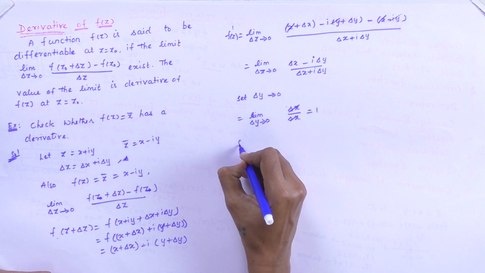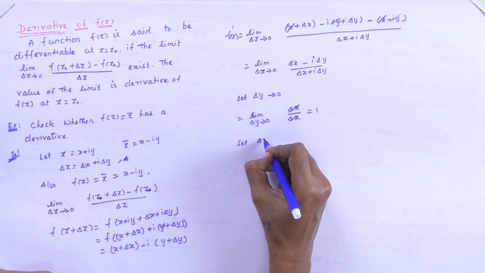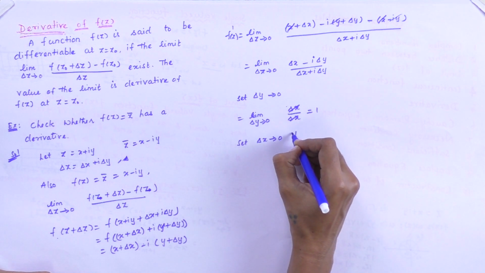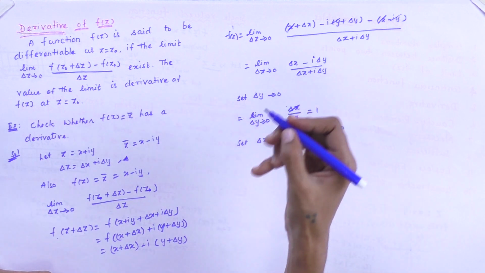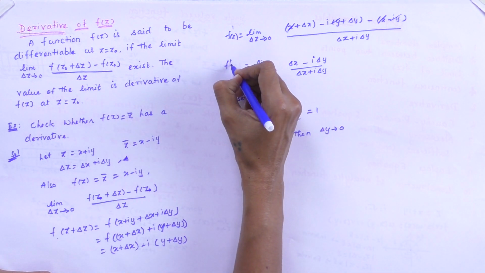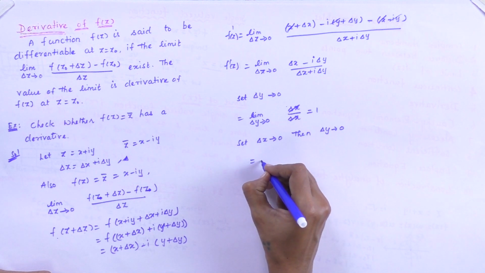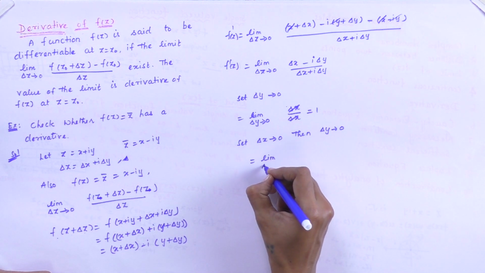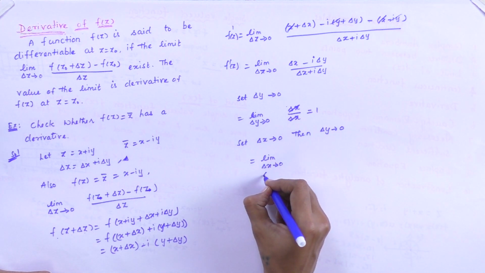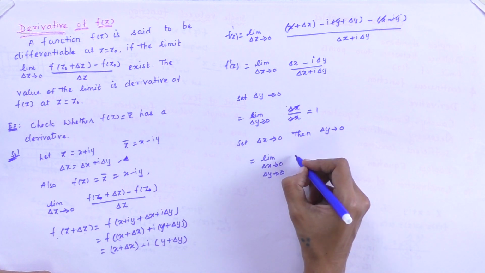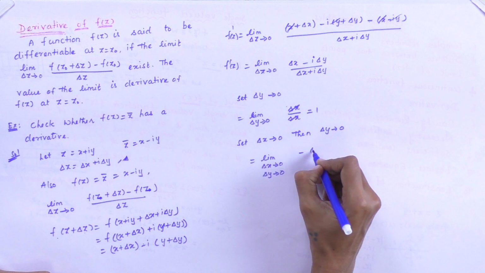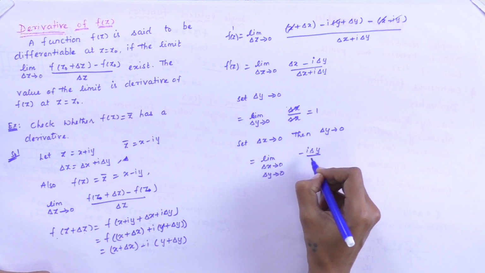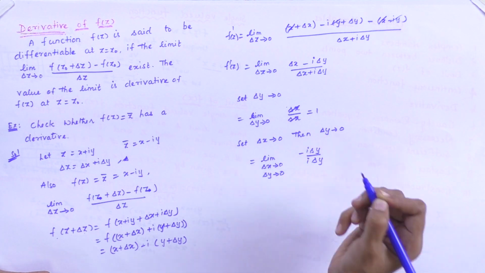So if I set first delta x tends to 0, then delta y tends to 0, then what will happen to the derivative of z? If I put delta x equal to 0 here, then minus i delta y divided by i into delta y.